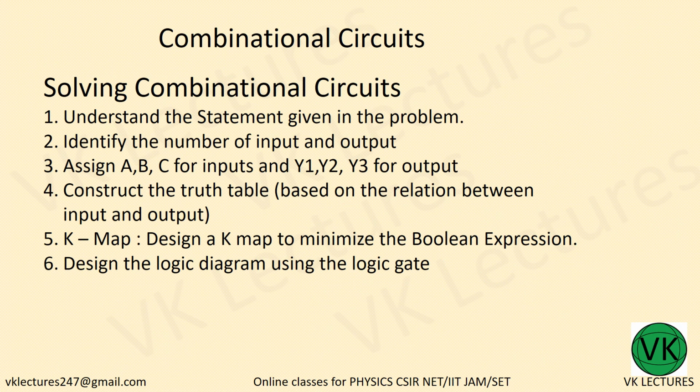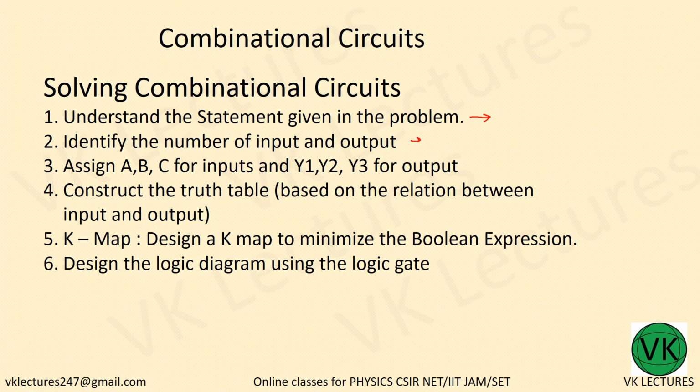Here we will understand how to solve a combinational circuit. Solving a combinational circuit consists of a few steps. First is to understand the statement given in the problem. After that, identify the inputs and outputs.